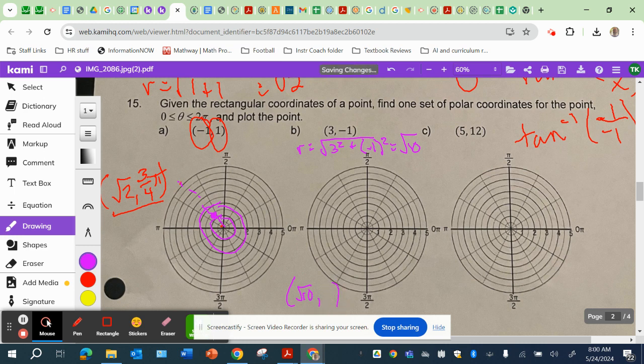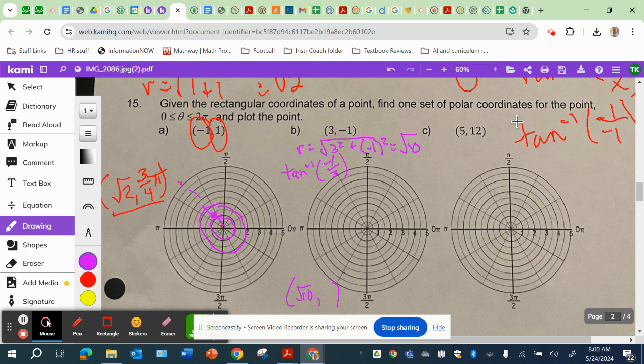To find theta, we have to do the inverse tangent of negative 1/3. And so that is not on the unit circle. So you want to use your calculator to find it. It'll be a decimal value, and we're getting approximate. So this time you want your calculator to be in radians. And I'm just going to stop and do it in my calculator real quick.